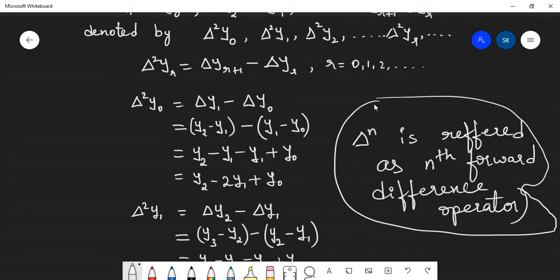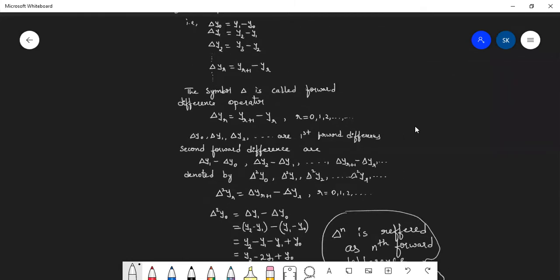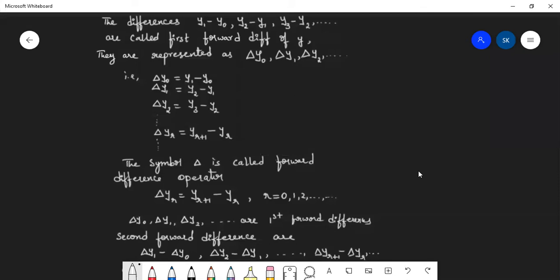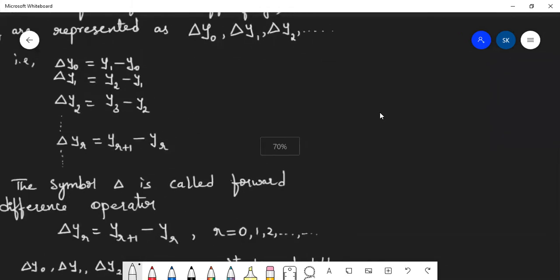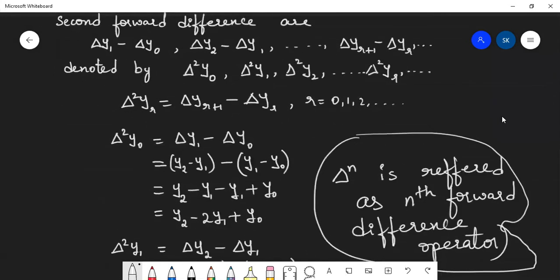So we are done. You got to know what forward differences are: first forward differences, second forward differences. However many you want, you keep on doing third, fourth and so on. Second term minus first term, that is y1 minus y0, that is forward delta y0. Y2 minus y1, forward delta y1, and so on. Right? Shall we make the table for the forward difference table?